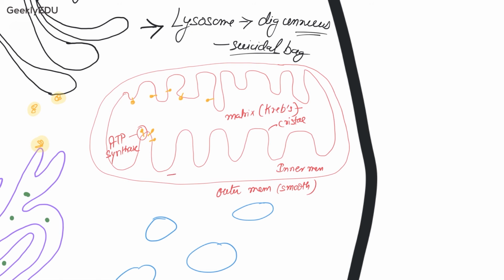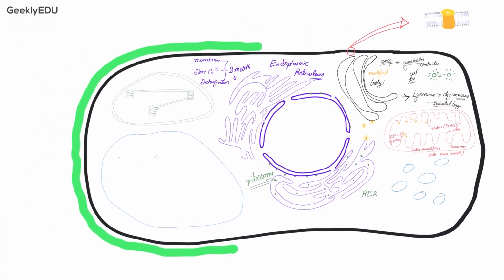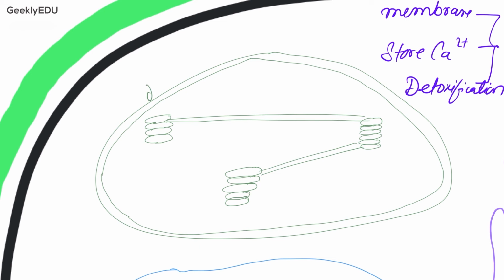Now, between two membranes, you have the intermembrane space. Now, on similar lines, we must talk about another organelle that is very unique and found only in plants, and that is chloroplast. Again, for chloroplast as well, you have an outer membrane, a membrane on the outside, and an inner membrane, a membrane on the inside.